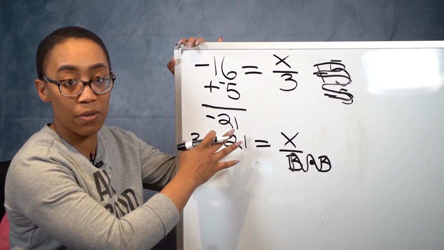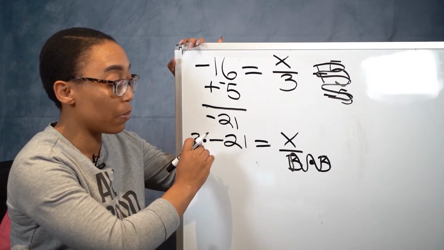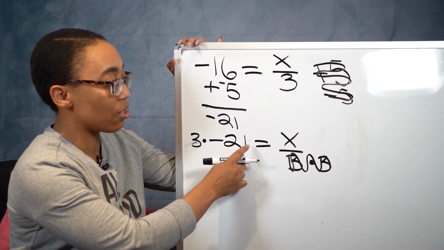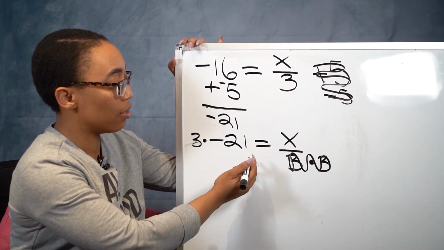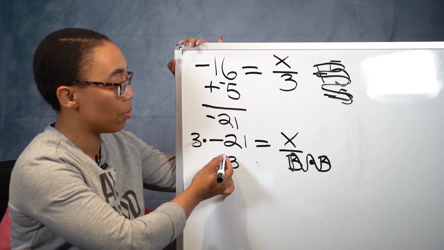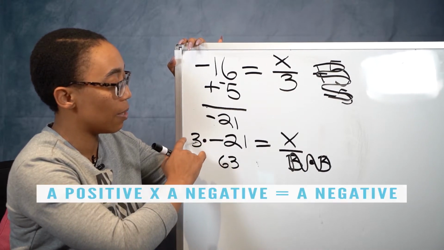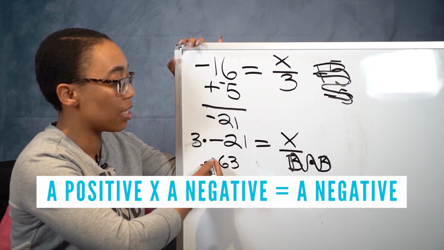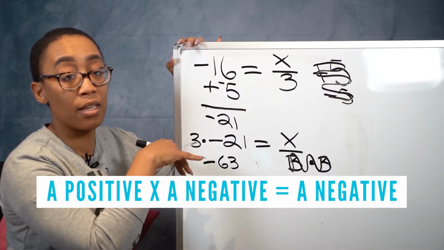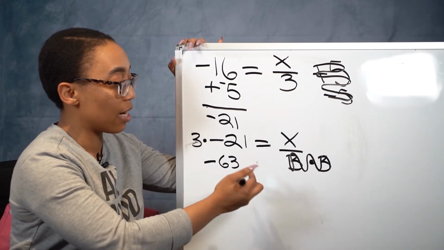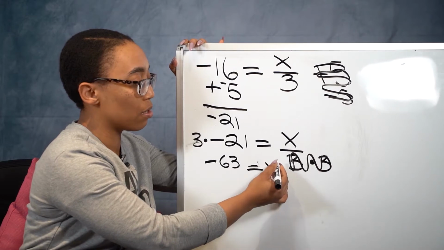A quick way to do this, especially when you have smaller numbers, as far as like the digits go. You do 3 times 1 is 3. 3 times 2 is 6. And then of course, a positive times a negative is a negative. So 3 times negative 21 is negative 63 equals x.